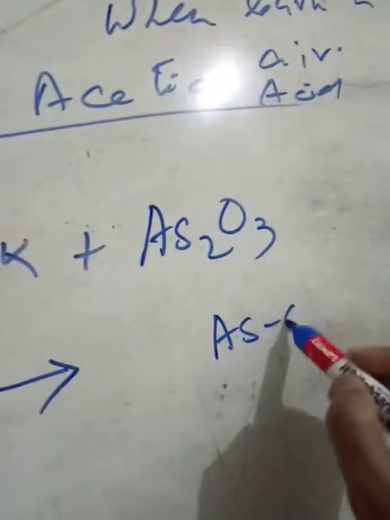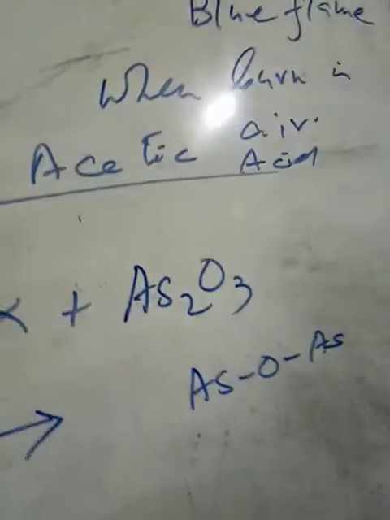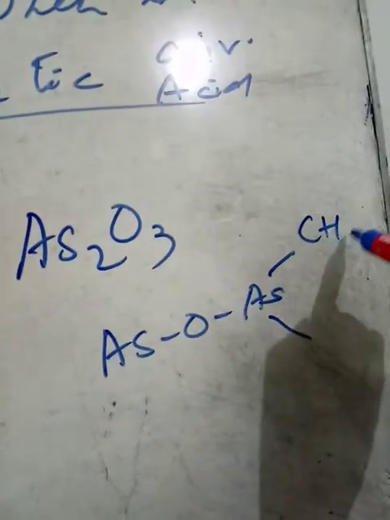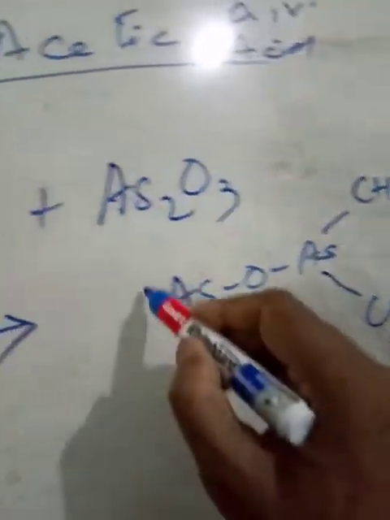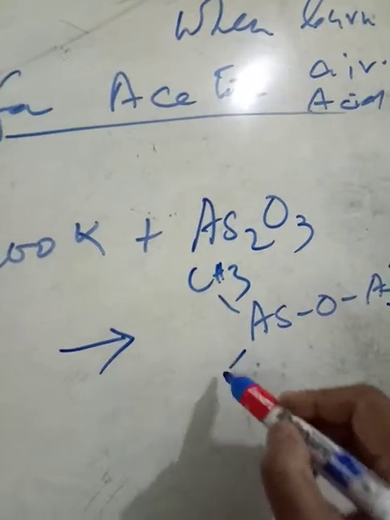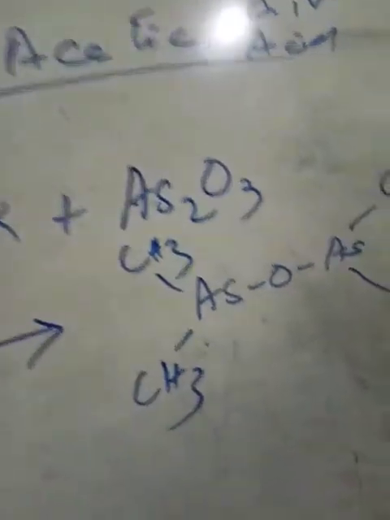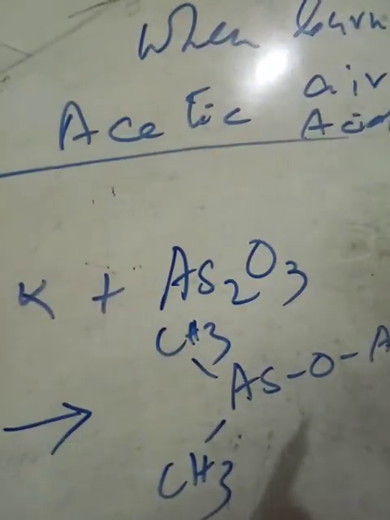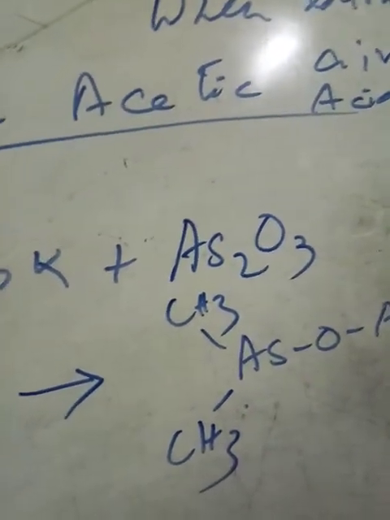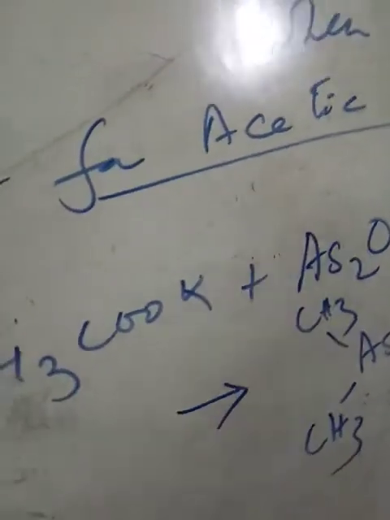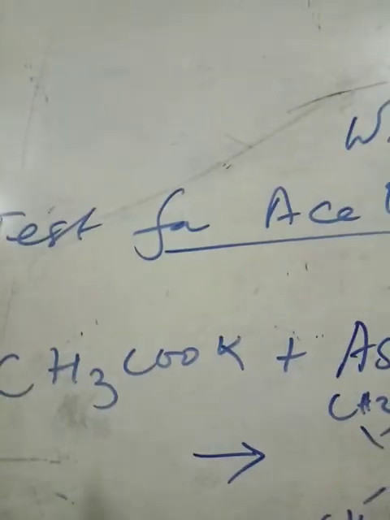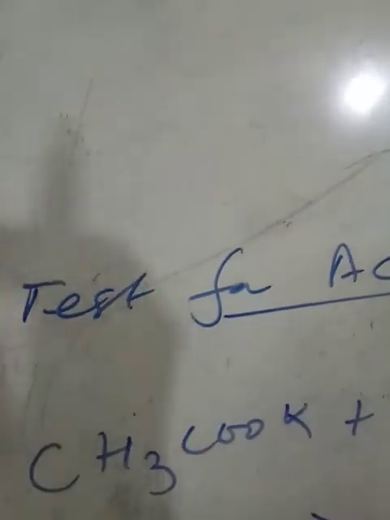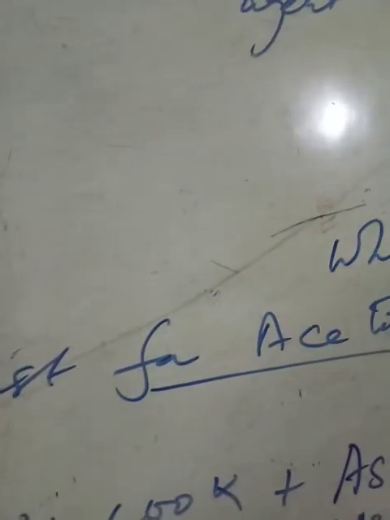Arsenic, O, As, and there are two CH3 groups on each arsenic, CH3 and CH3. This has a very bad smell and is also poisonous. Normally, acetic acid is tested by esterification reaction and by sodium bicarbonate reaction.